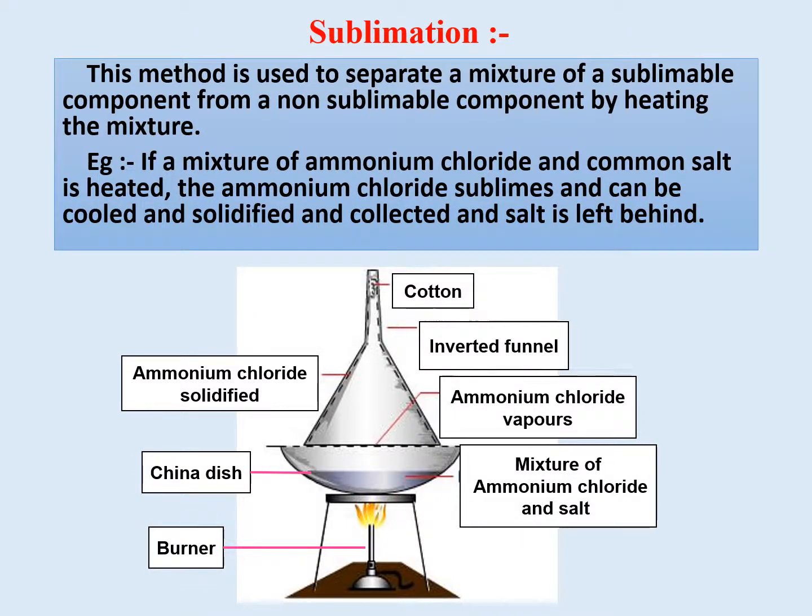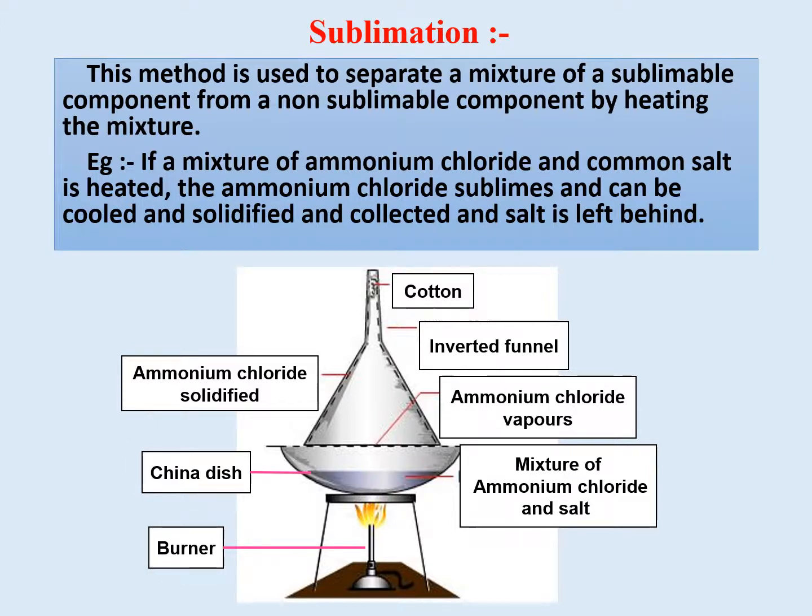Sublimation is used to separate a mixture of sublimable component from a non-sublimable component by heating the mixture. Example, if a mixture of ammonium chloride and common salt is heated, the ammonium chloride sublimes and can be cooled and solidified and collected, and salt is left behind.